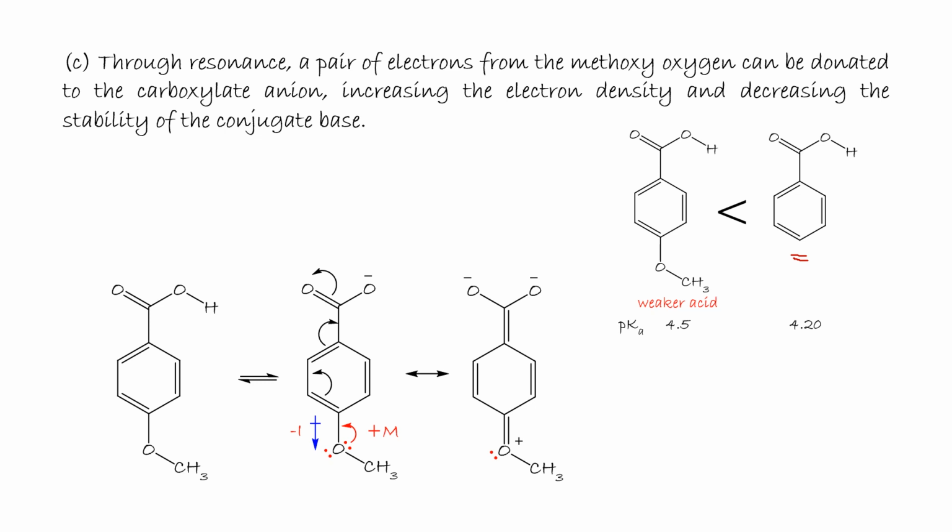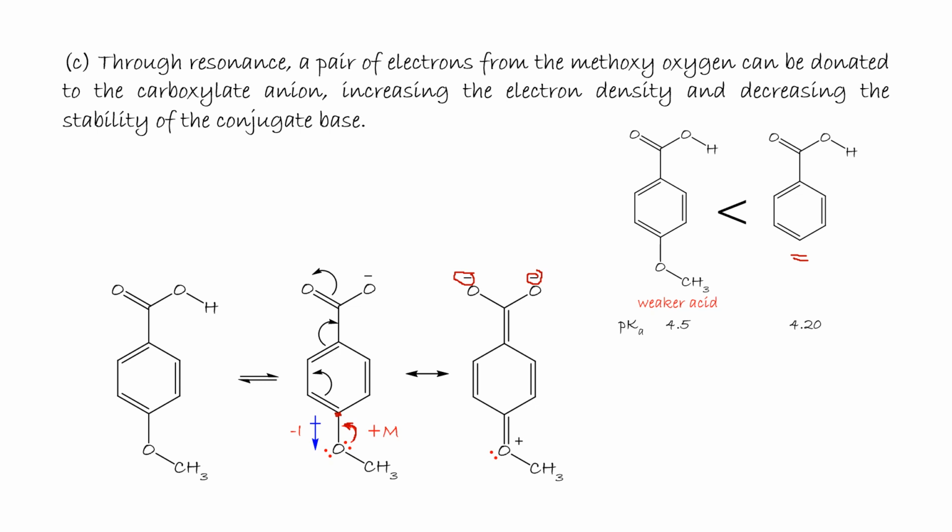Well, let's examine first benzoic and para-methoxybenzoic. In the methoxy group, the oxygen has 2 lone pairs and can donate them through the pi system to the carboxylate, right? And by doing that, it destabilizes the anion.